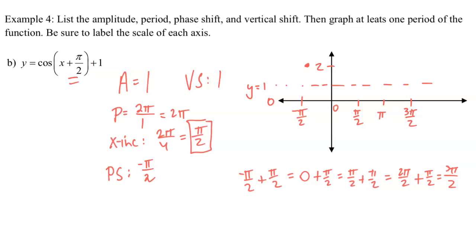That's going to be a quote-unquote 0, but remember, zeros are occurring at y equals 1 now because everything got shifted up 1, and so I'm going to plot my point there at (0, 1). And then a minimum at pi over 2, a midline point at pi, and then finally another maximum at 3 pi over 2. And so we're going to have a graph that looks something like this.